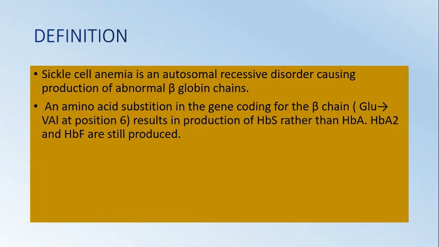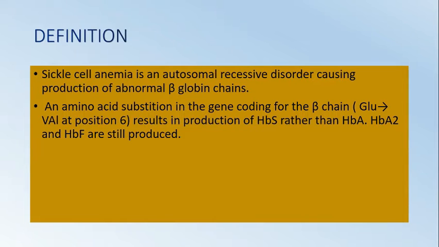Sickle cell anemia is an autosomal recessive disorder which causes production of abnormal beta globin chains. What happens is an amino acid substitution in the gene coding for the beta chain. Glutamic acid is exchanged for valine at position 6, and this results in production of HbS rather than HbA.